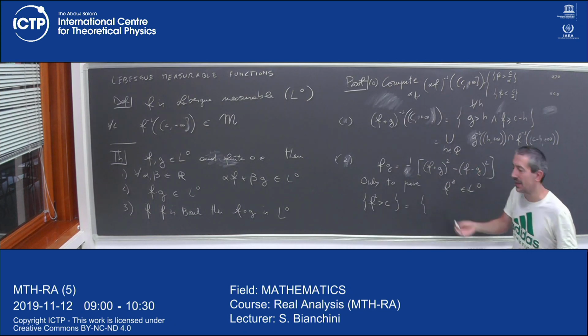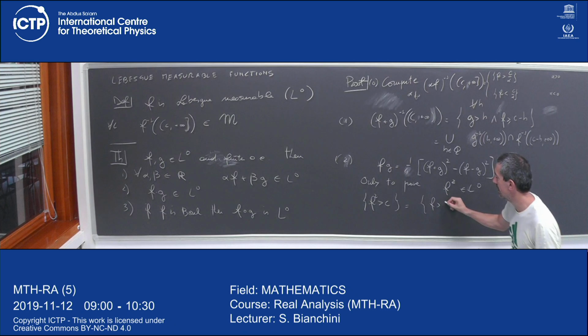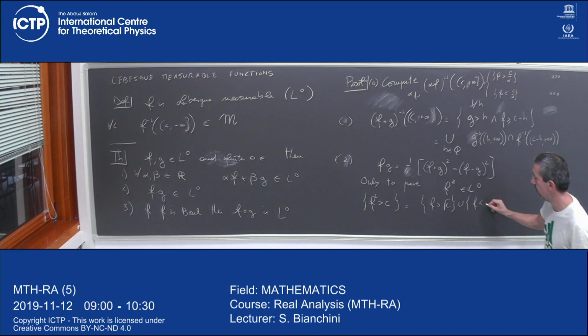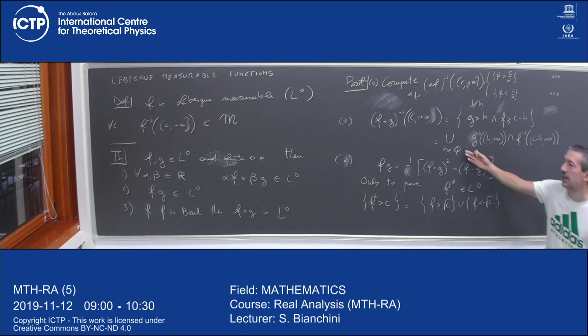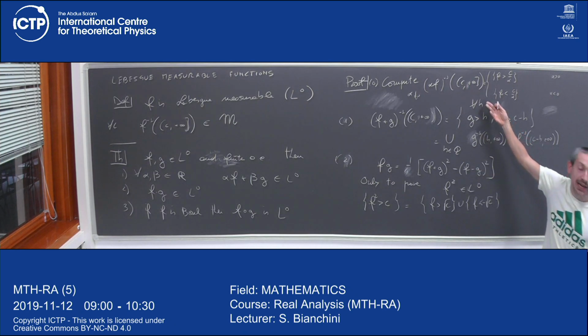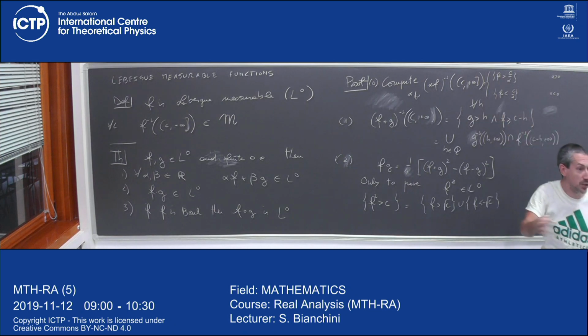For c positive, I take the square root: f larger than square root of c, and then the union f smaller than minus square root of c. So the only thing in this proof is the fact that you use the rational numbers, so this is the smartest point to avoid taking an uncountable union. You just use the rational numbers.